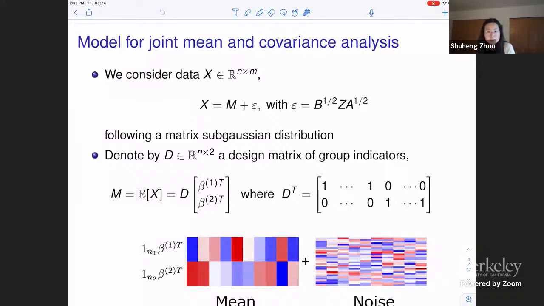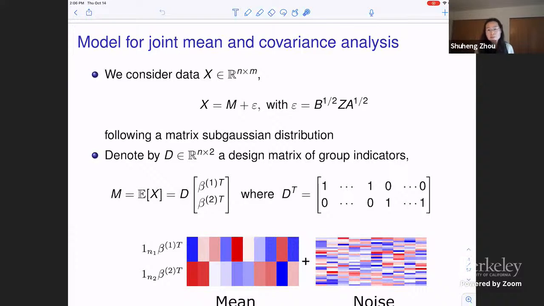The noise has a complex structure such that it has both between-sample correlation as well as correlation among genes. Those are denoted by B and A. B^(1/2) denotes the square root of the correlation among people, and A^(1/2) denotes the correlation among genes. And then the mean matrix is deterministic.